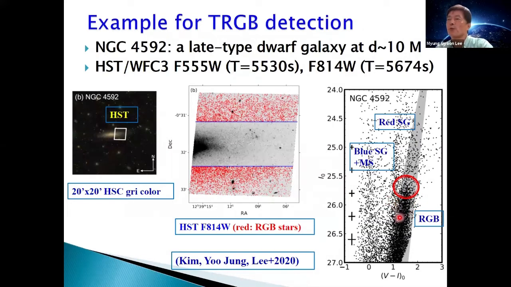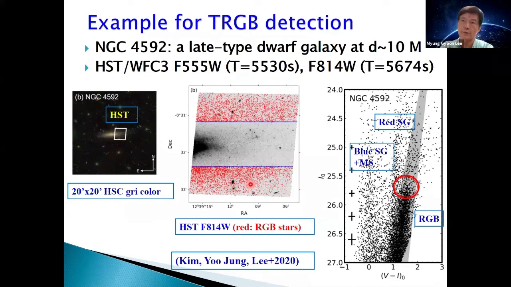And if you plot the stars located within the gray shaded area, they are represented by red circles in the middle panel. So the red dots are locations of candidate RGB stars. They are located in the halo part, although this galaxy shows both young disk stars and also halo stars.